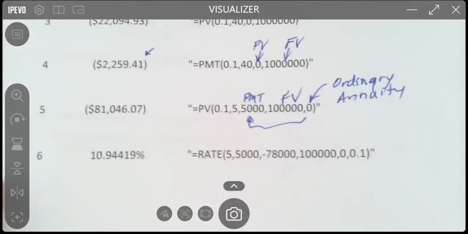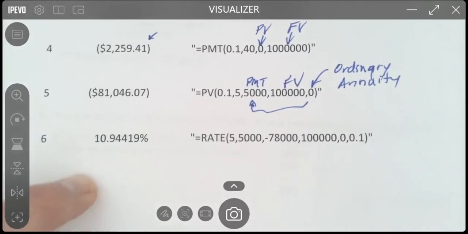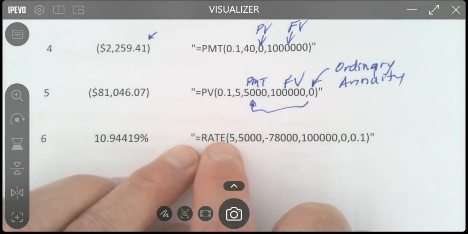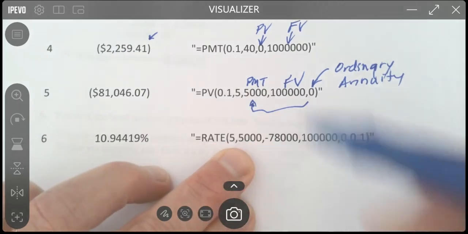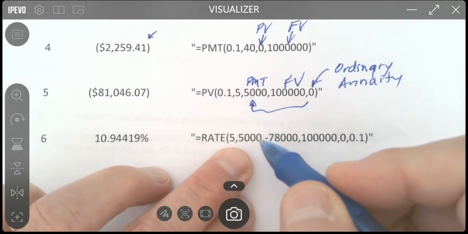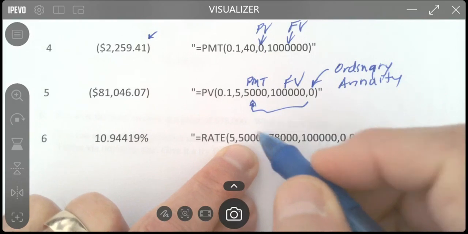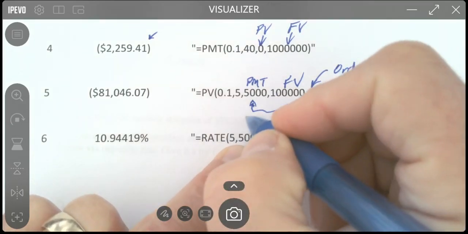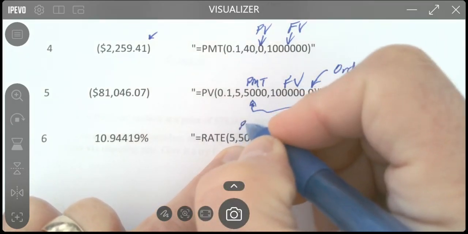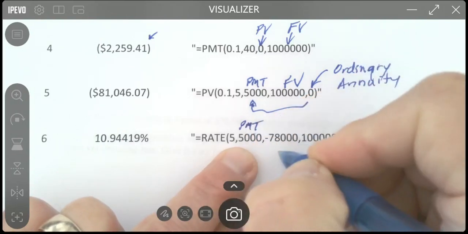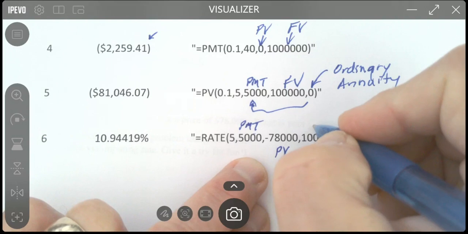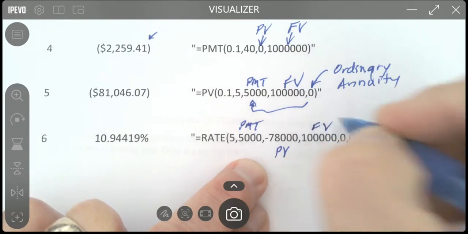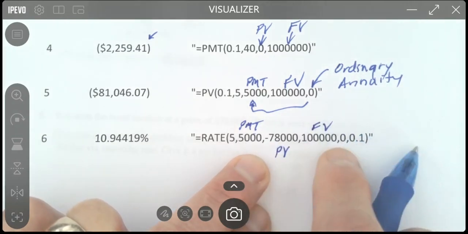Here's how I would do that in Excel. Equals RATE, it's the rate function. 5 for N, $5,000 payment, $78,000 present value as an outflow.